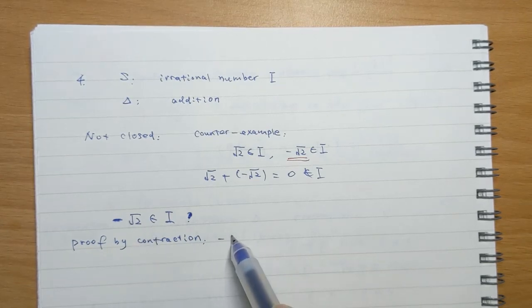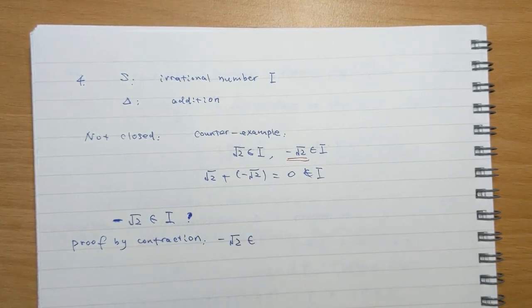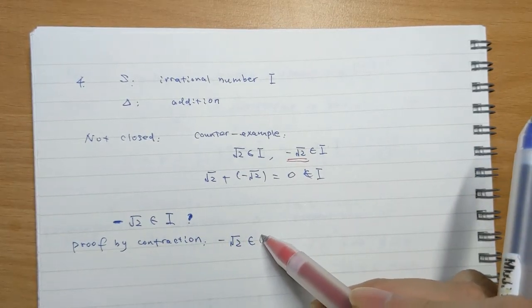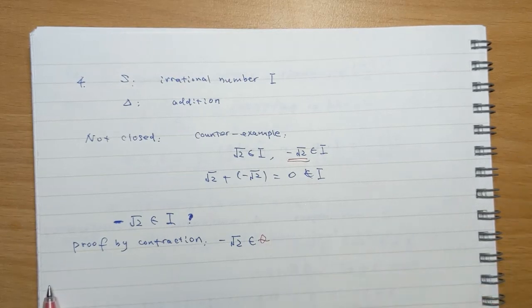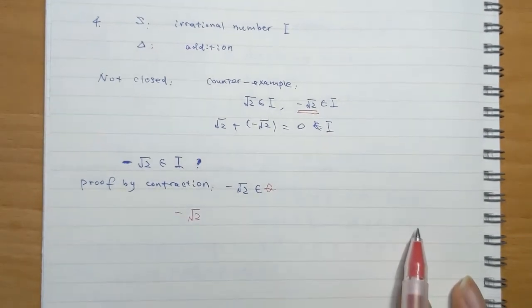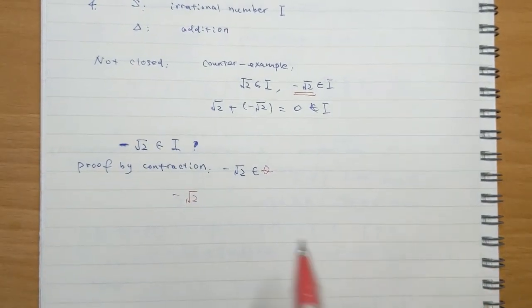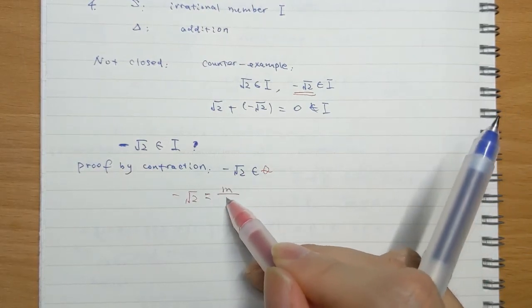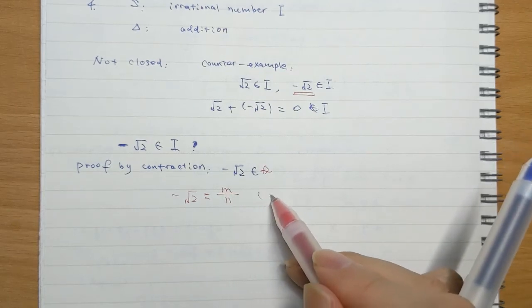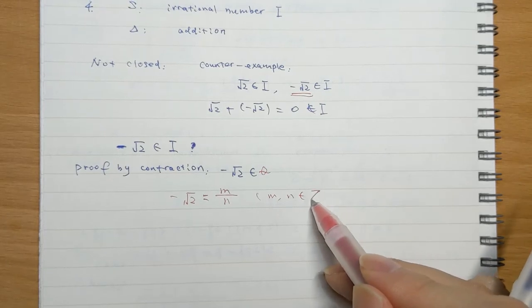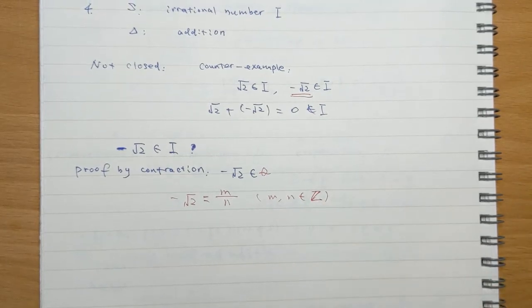That is, we assume minus square root of 2 is not irrational. It is a rational number. So minus square root of 2 must be a fraction m over n for two integers.